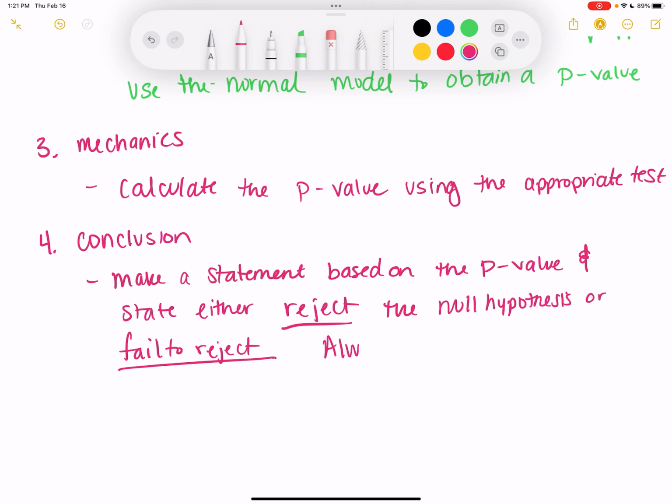Always in context. So don't just say, I reject the null hypothesis, explain why.